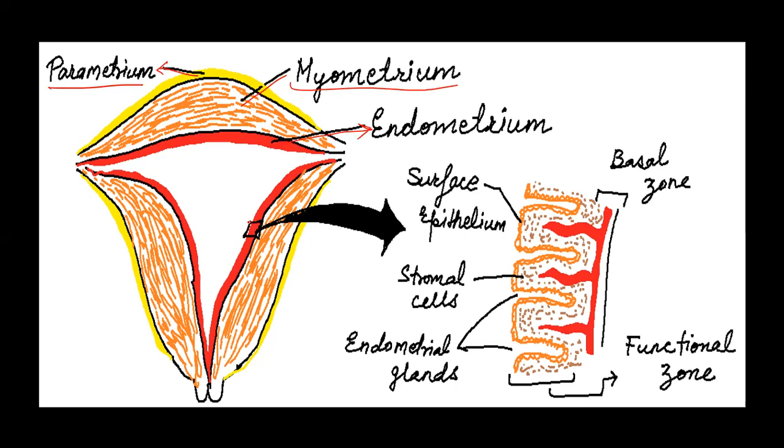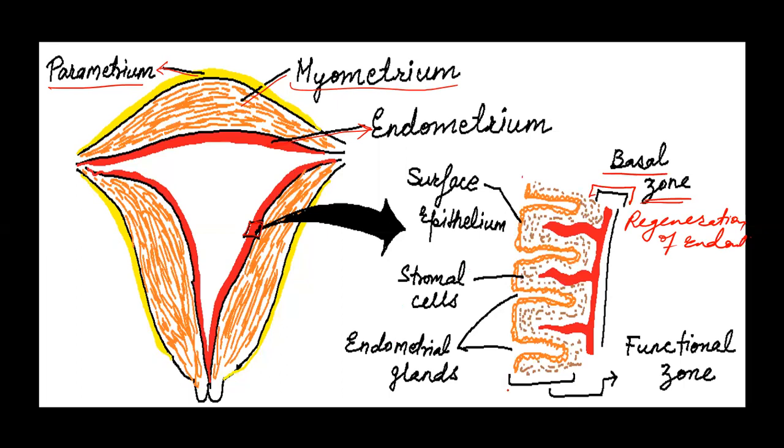So if I enlarge this endometrium, you can see here the components of the endometrium. The deeper part of the endometrium is called the basal zone. This basal zone is responsible for the regeneration of the endometrium, means this is the part of the endometrium from where the endometrium regrows after the shedding.